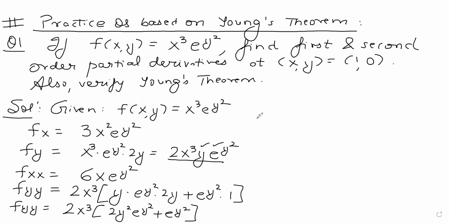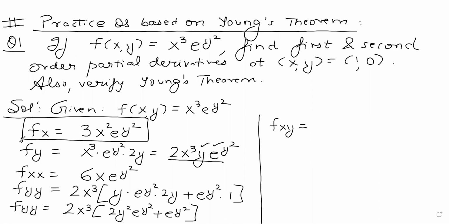Now we can quickly find out fxy. Fxy is that fx function you are differentiating with respect to y. So 3x square into e to the power y square times 2y, which is 6x square y e to the power y square.